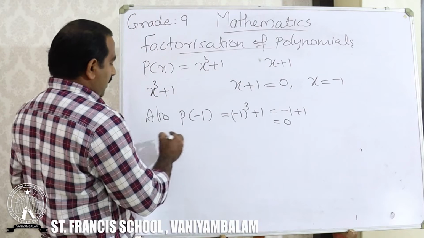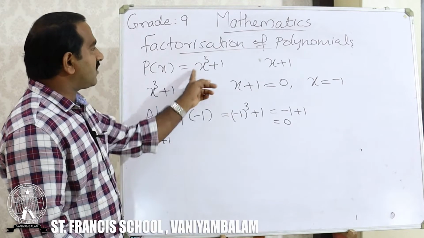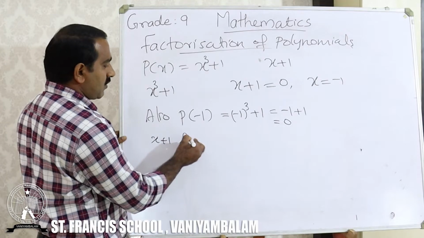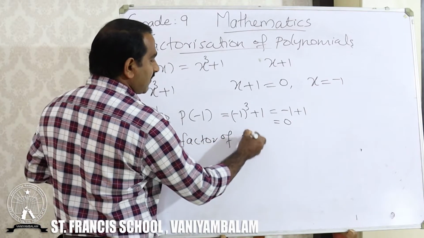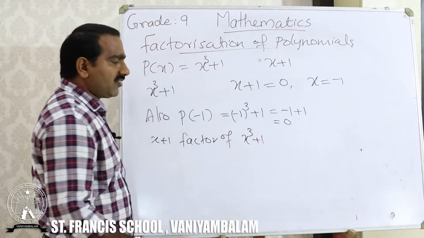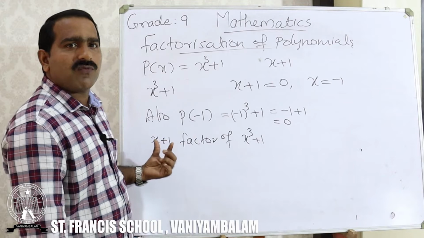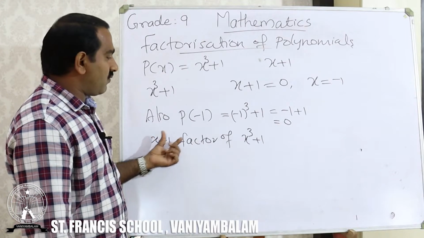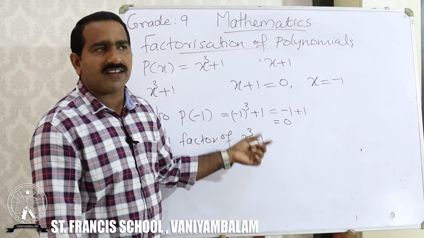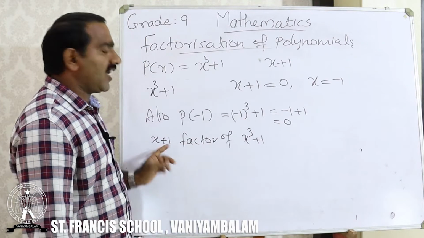So x plus 1 is a factor of x cube plus 1, and x cube plus 1 is a multiple of x plus 1. First we can say x plus 1 is a factor of x cube plus 1, at the same time x cube plus 1 is a multiple of x plus 1.